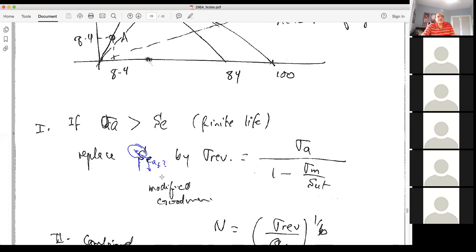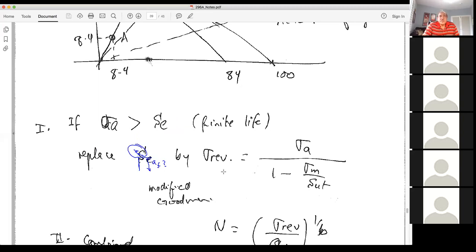Now, in case we have a finite life instead of infinite life, like all of this was designed for infinite life. If I have finite life, I have to replace sigma alternating by another equivalent stress that's called sigma REV, sigma reverse, like an equivalent fully reversed.